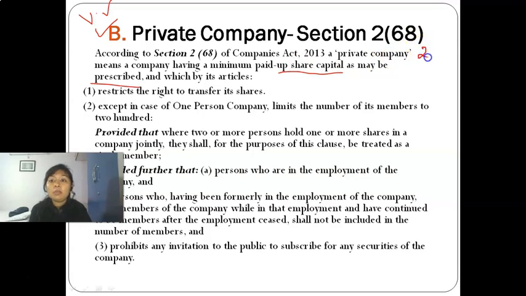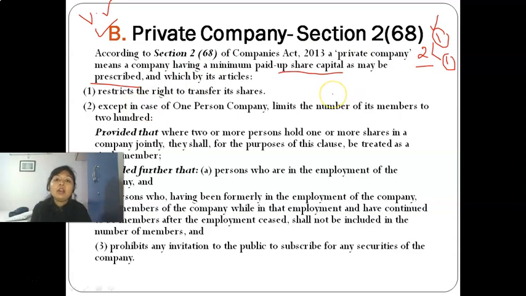Because there must be at least 2 members, and every member needs to contribute something to become a member of the company. So at least 1 rupee needs to be invested by each to subscribe to its share, so at least 2 rupees investment is required. But it's not legally written somewhere, it's just an interpretation.